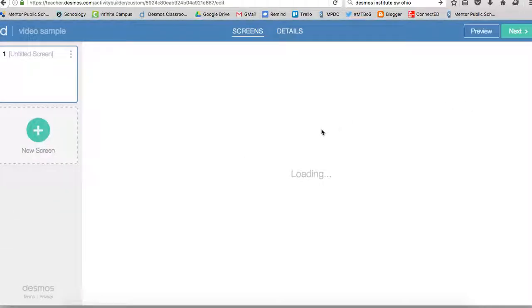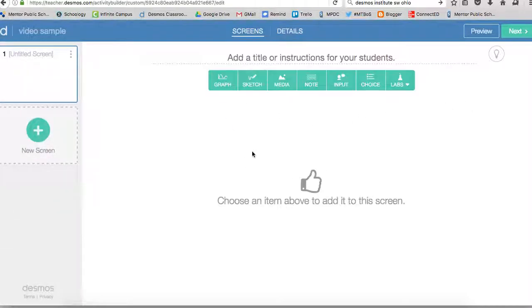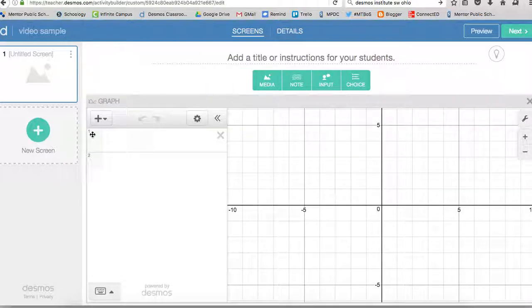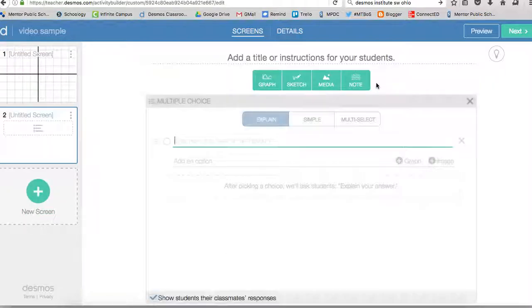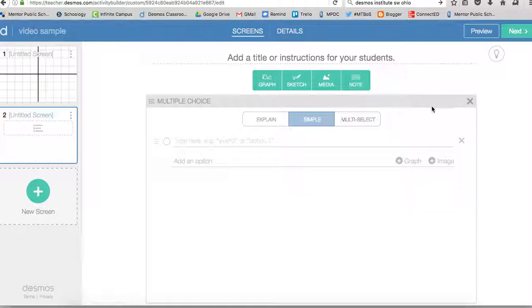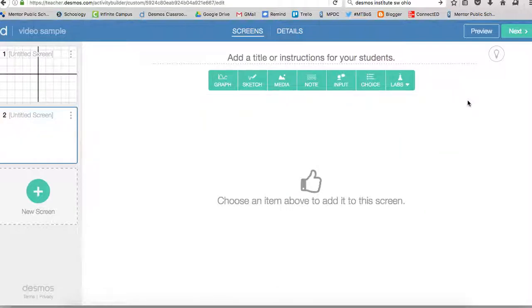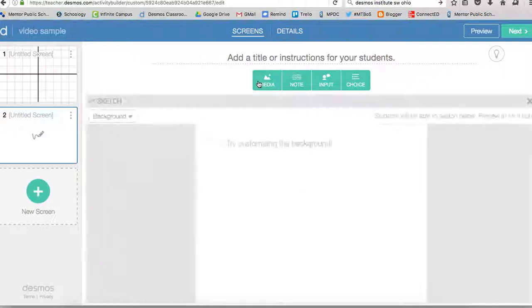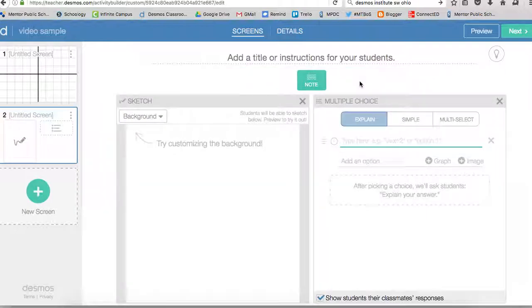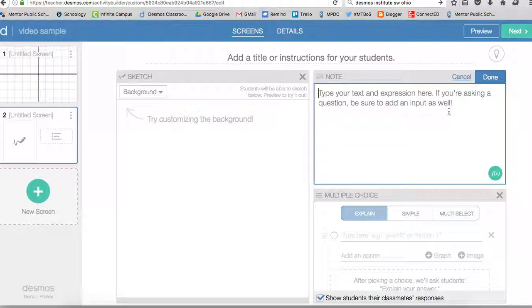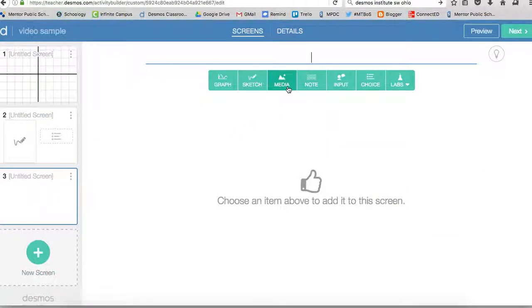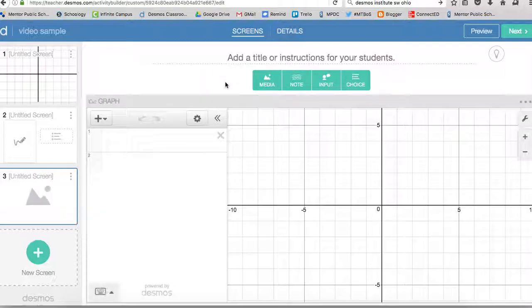I'm going to go back into editing this activity just to show you some options that you have available. You can show graphs. You can put in the multiple choice, which was what I was mentioning earlier, is such a great new option. You can put multiple things into the same problem. And you just keep adding new screens for whatever you want it to show.